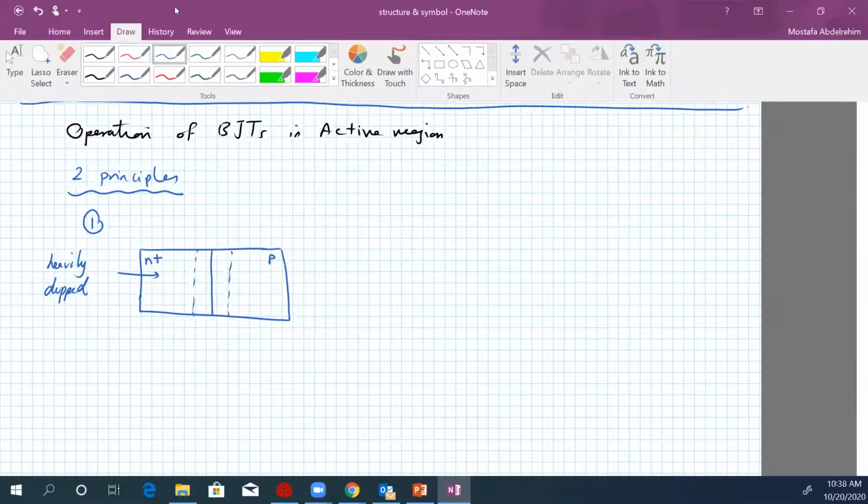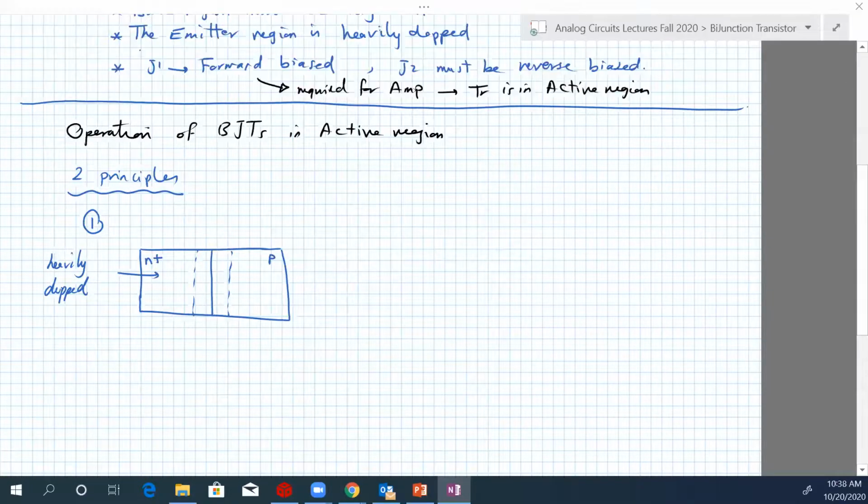If the N region is more heavily doped than the P region, you have more electrons crossing from N to P and fewer holes crossing from P to N. So I_E will be much larger than I_holes. This is the first principle.